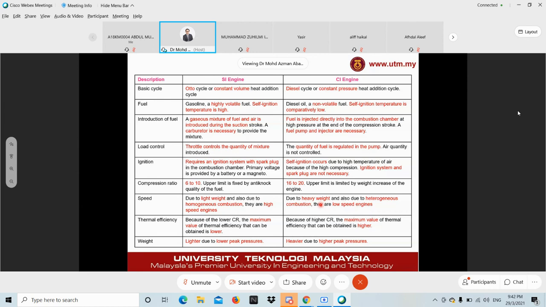So please study this. It will definitely be considered in your test and also your exam. If the question asks you to list down 7 differences between SI and CI engine, there you go. This should be the answer for those questions.